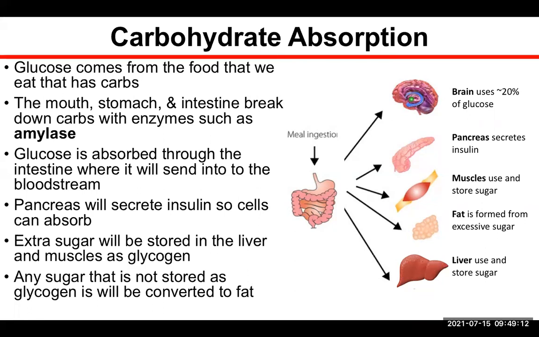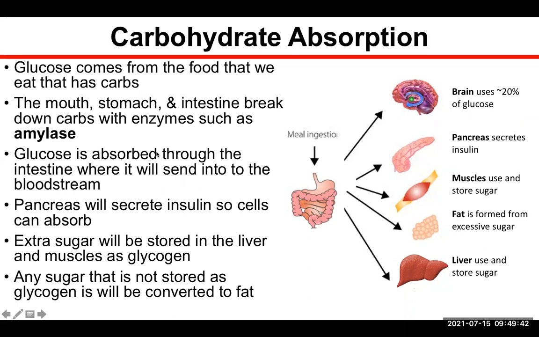It all starts by putting this food in our mouth, and our mouth, stomach, and intestines all have different kinds of enzymes. The main one is amylase, which helps break down these carbs. As I showed yesterday, in the mouth you're chewing, so the amylase isn't going to have enough time to break all of the sugar down, but it's going to start the process. Then the amylase in the stomach and the intestines helps break it down further.